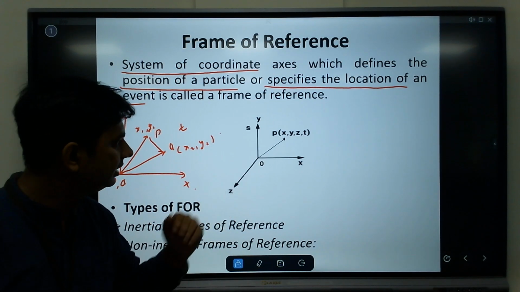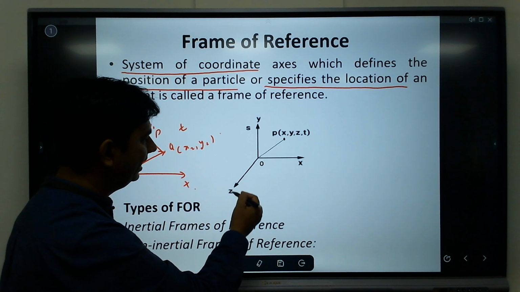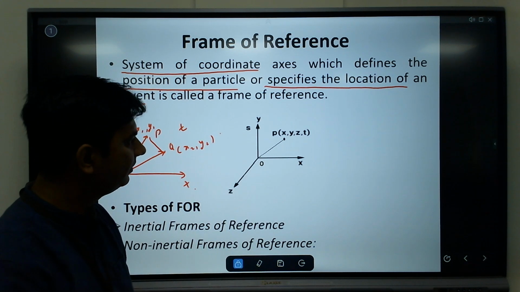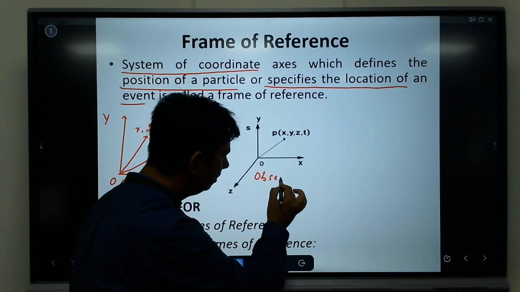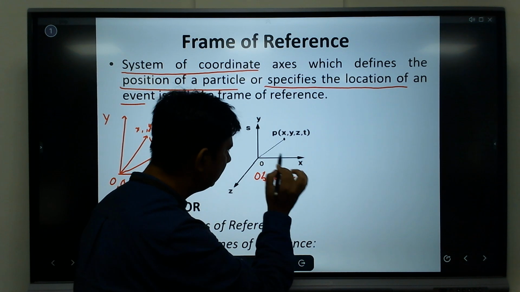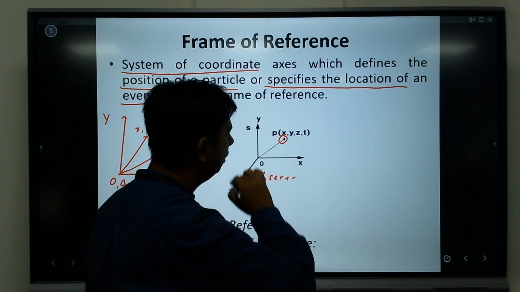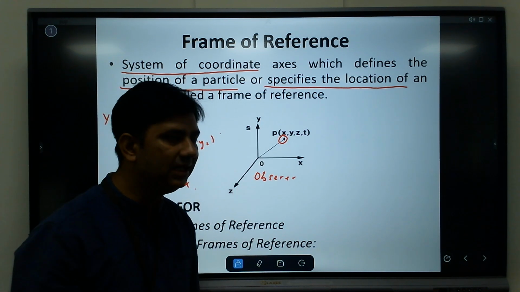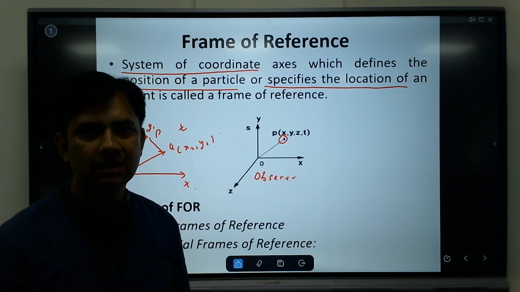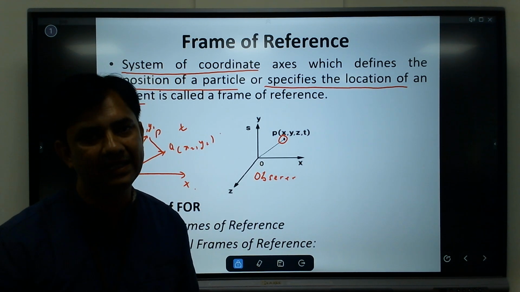Now, if you see the figure here, we have an x, y and z coordinate system, and the observer is here at O, and we are watching an object at P, and the coordinates of that system are x, y, z and t.